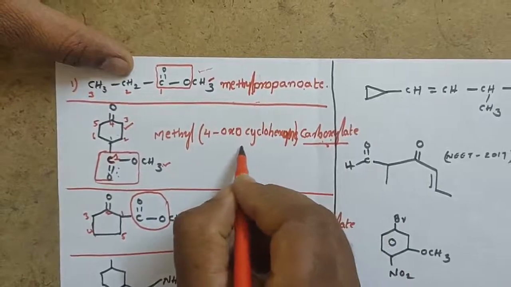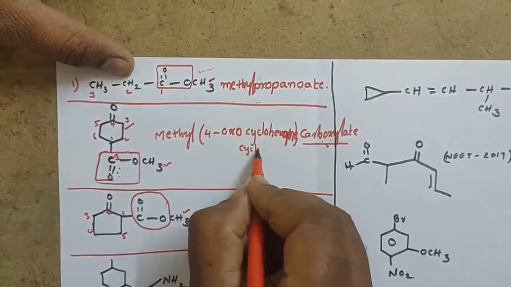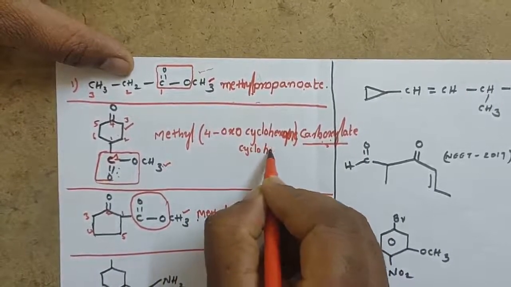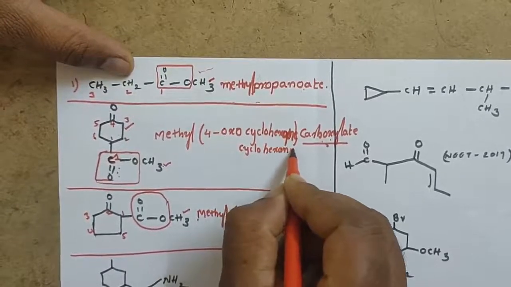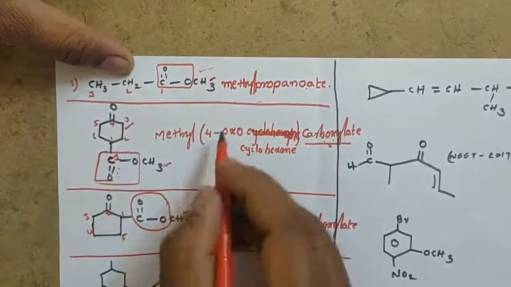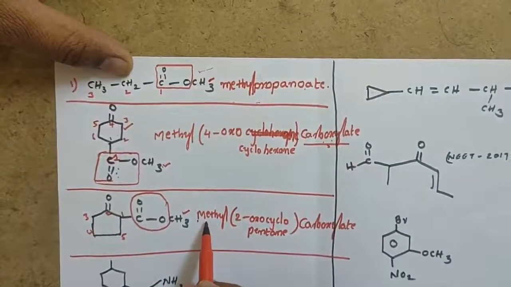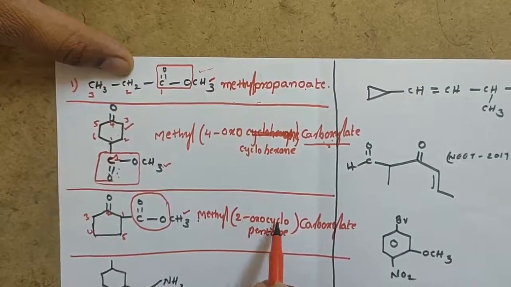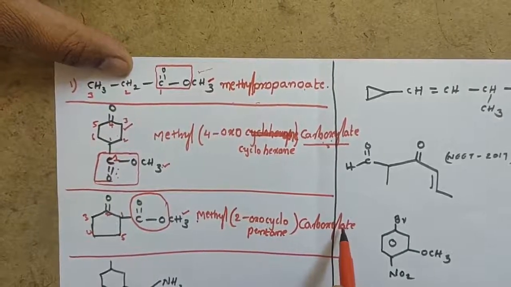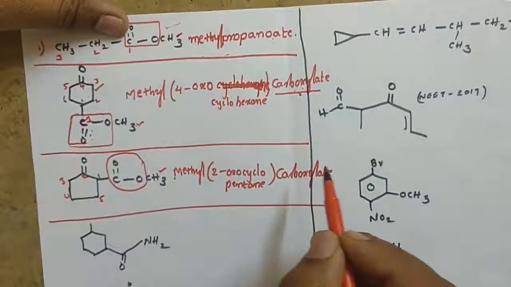The name here is cyclohexane. Okay? So 4-oxocyclohexane carboxylate. Here methyl 2-oxocyclopentane carboxylate.